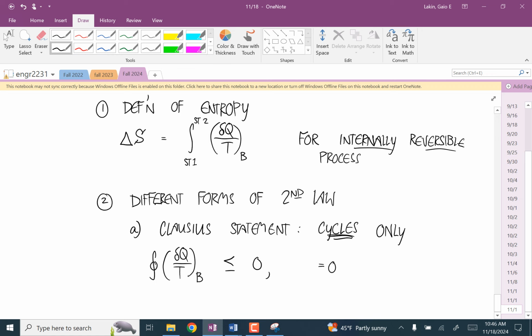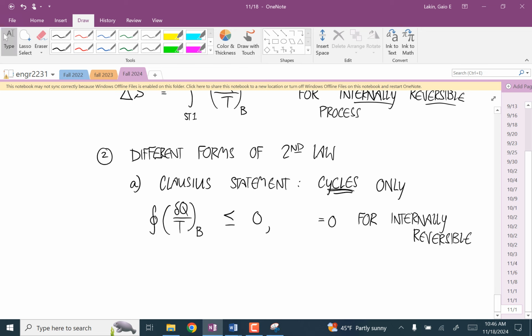And equal to 0 means it's internally reversible. So you have to remember this isn't for some idealized cycle. This is for the actual cycle that you're thinking about.